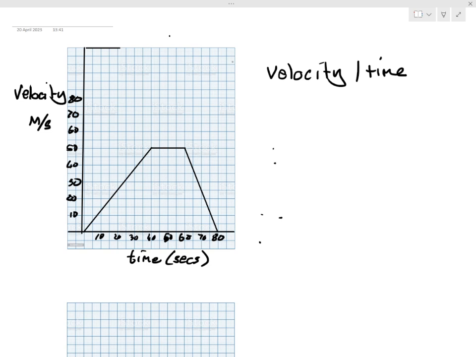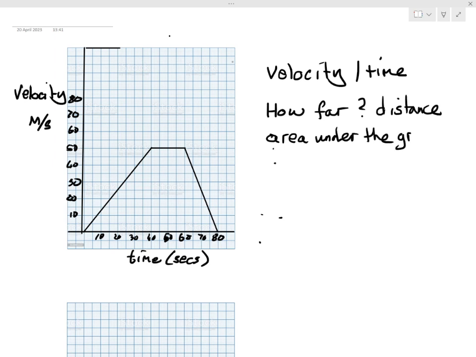And so we could get a question of how far have we traveled? What is the distance? And this distance is the area under the line of the graph.